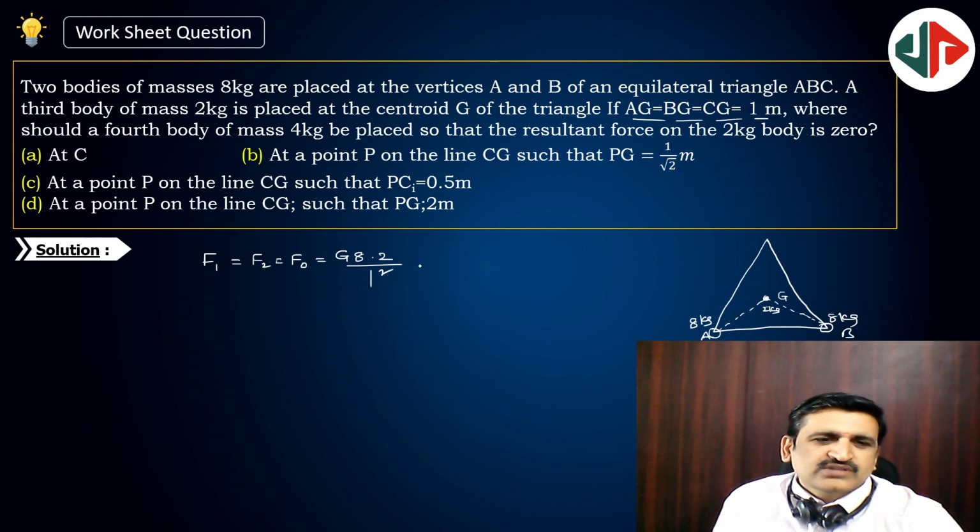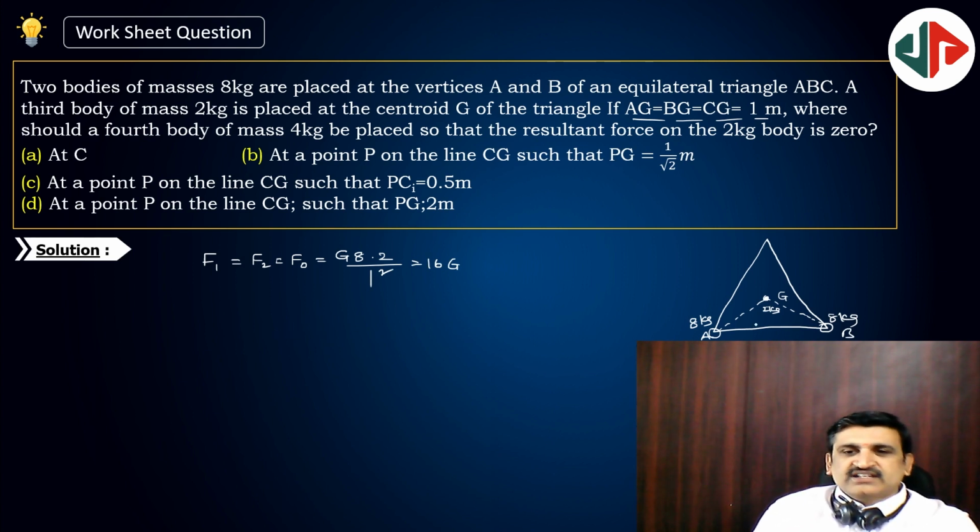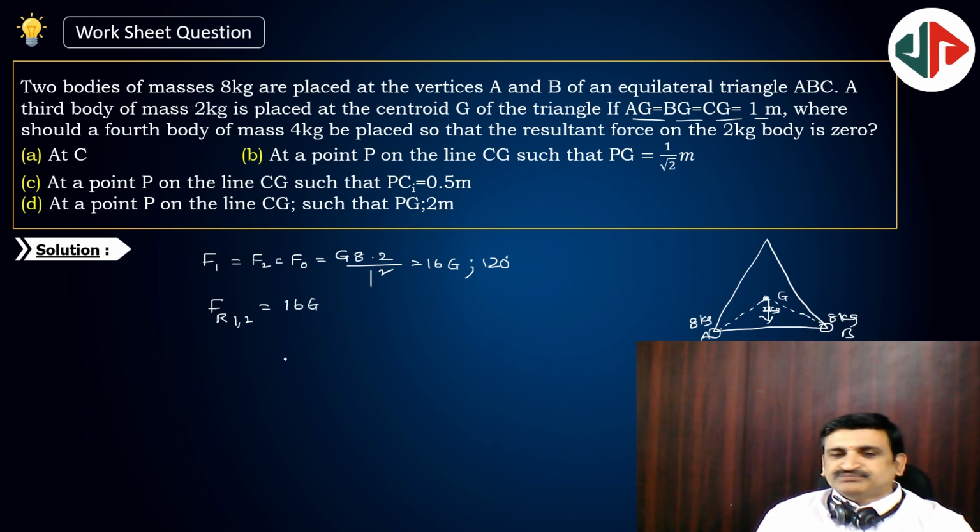So it is 16G. Now they are at 120 degrees actually, so their resultant will come like this. Whenever two equal forces are at 120 degrees, the resultant is equal to one of the forces. So 16G only is the resultant.